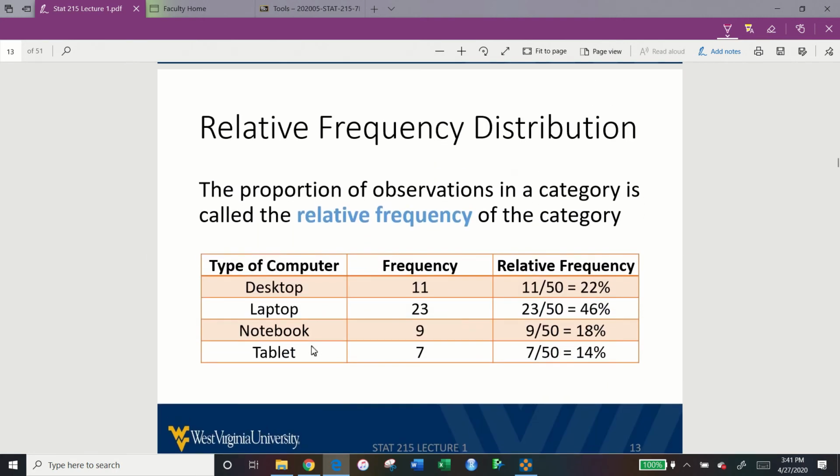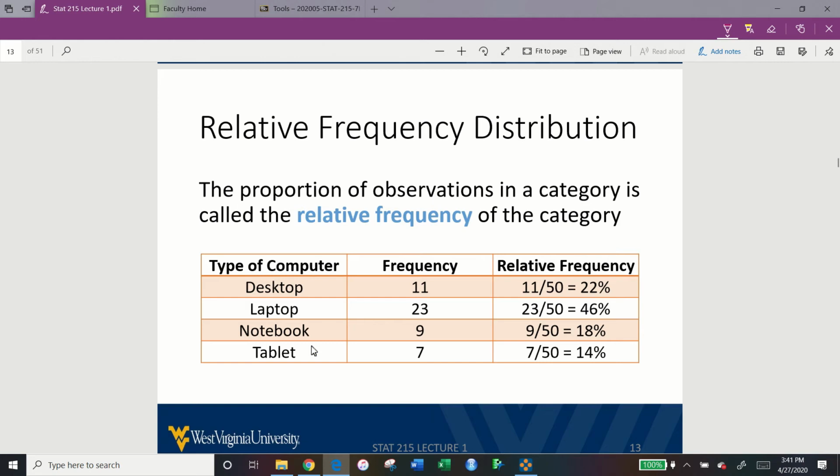Now, along the same lines of our frequency distribution, we have something called the relative frequency distribution. This provides the proportion of observations in a category, and again, that is called the relative frequency of the category. So if you use your hand to cover up that last column, you'll still see that same frequency distribution that we saw on the previous slide.